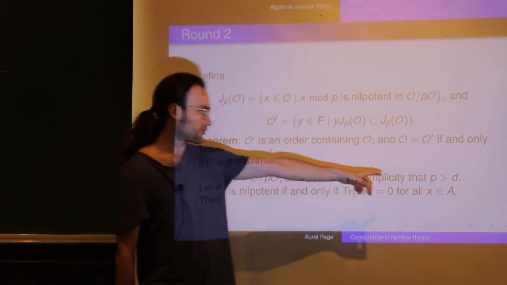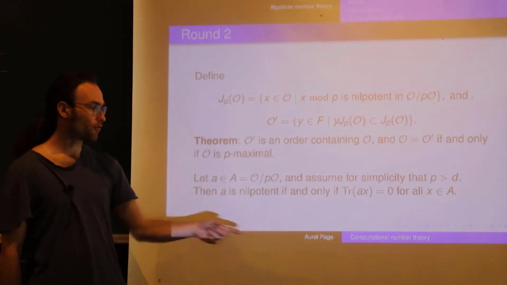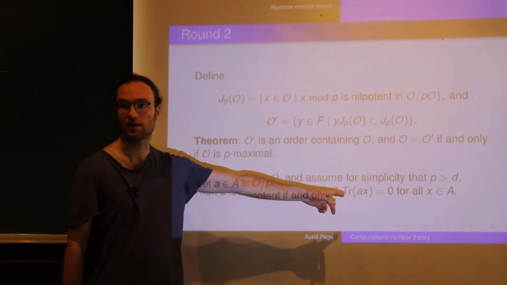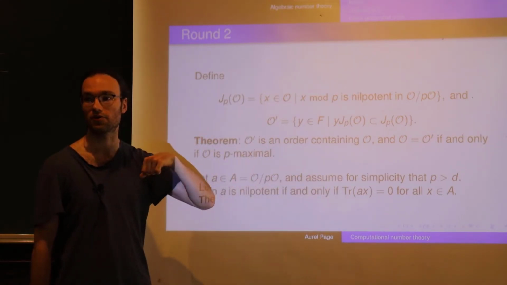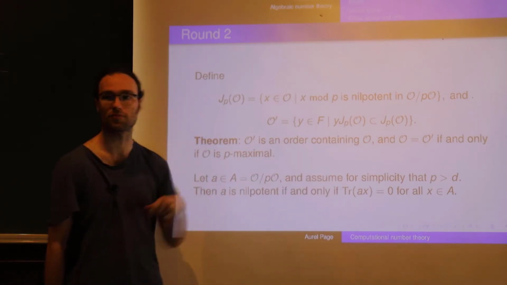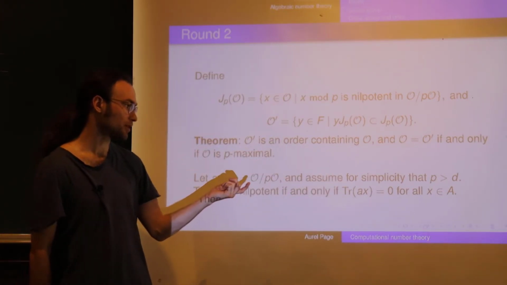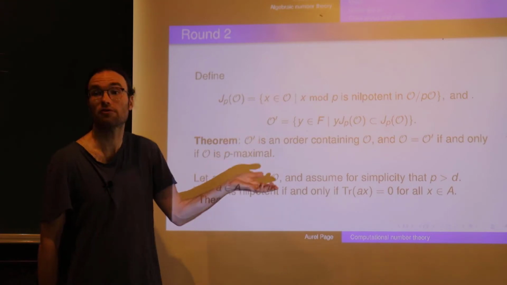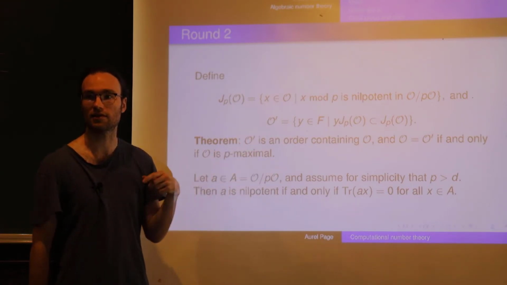And since the characteristic is large enough, from the traces of the powers of A, you can recover the characteristic polynomial. And what this tells you is that if all the traces of the powers are 0, the characteristic polynomial is just a power of x. That's exactly saying that the element is nilpotent.